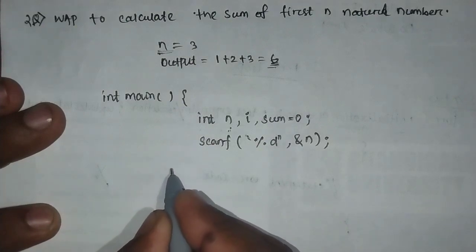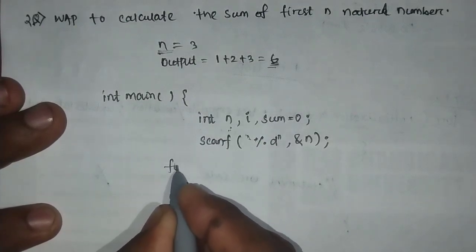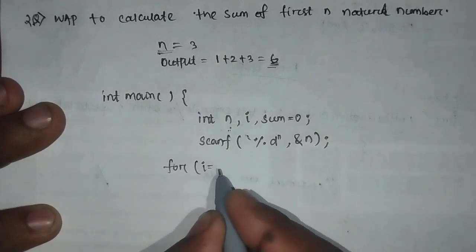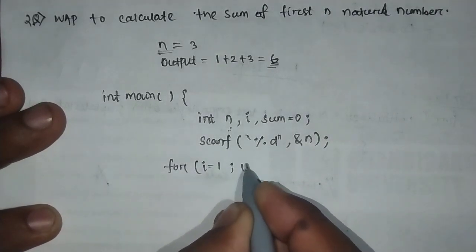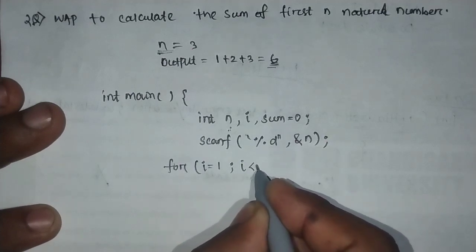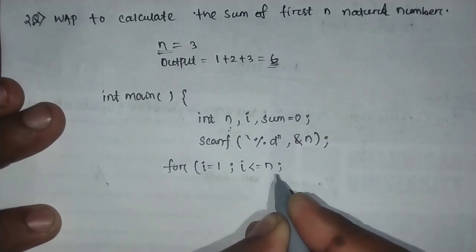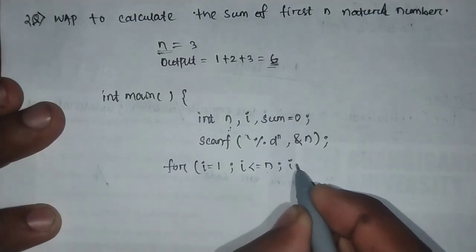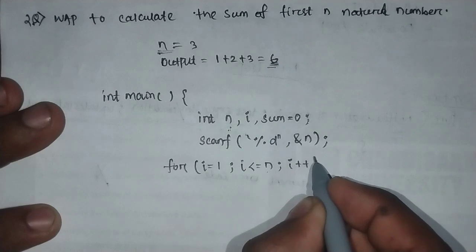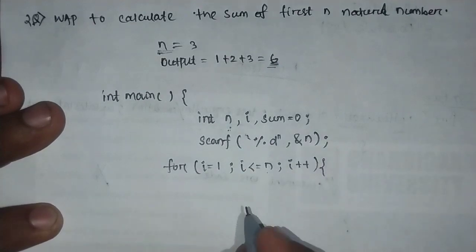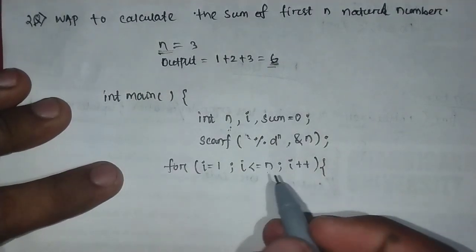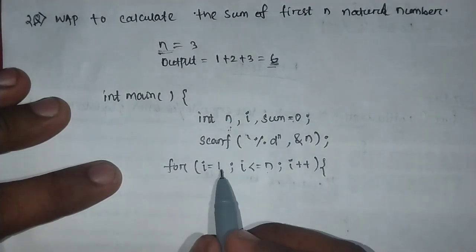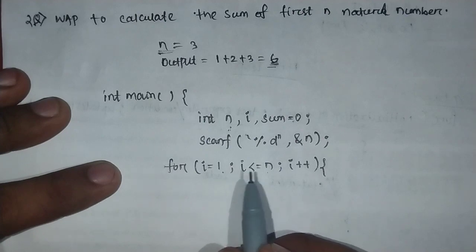Then use a for statement, for i starting from 1 and the condition will be i up to n, iterate till n, and the increment will be the increment operator. After that, add each number to sum, which means you have to add each iterated number.